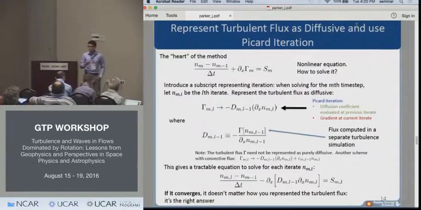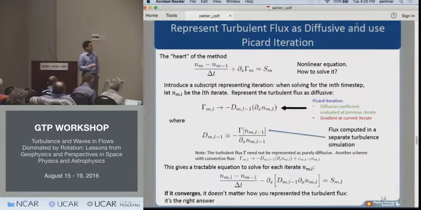So this is really the heart of the method. This is how it's going to work in practice. Here's the nonlinear equation, and for iteration, I'm going to introduce a subscript L to represent the Lth iterate. And here's the main step. You represent the turbulent flux of iterate L as a diffusion coefficient evaluated at the previous iterate and multiplied by the gradient evaluated at the current iterate.